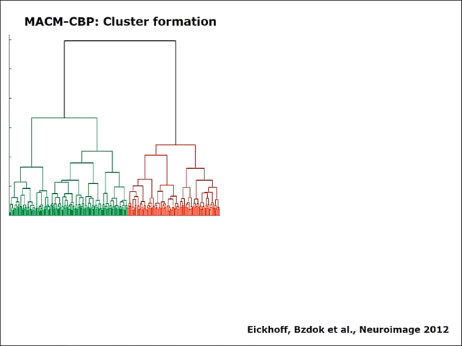It asks in a bottom-up or top-down fashion: if all of these voxels are completely different in the brain, and I have as many classes as I have voxels in the region I start with, so 100, you would have 100, then in each step you ask, which are the two whose connectivity to the rest of the brain is so similar, is closest, so that I can merge them into a new parcel. So in the second step you would have 99. Then it goes on. Okay? The other direction would be I have only one class in my whole region of interest, and then I start dividing it into two, and so on.